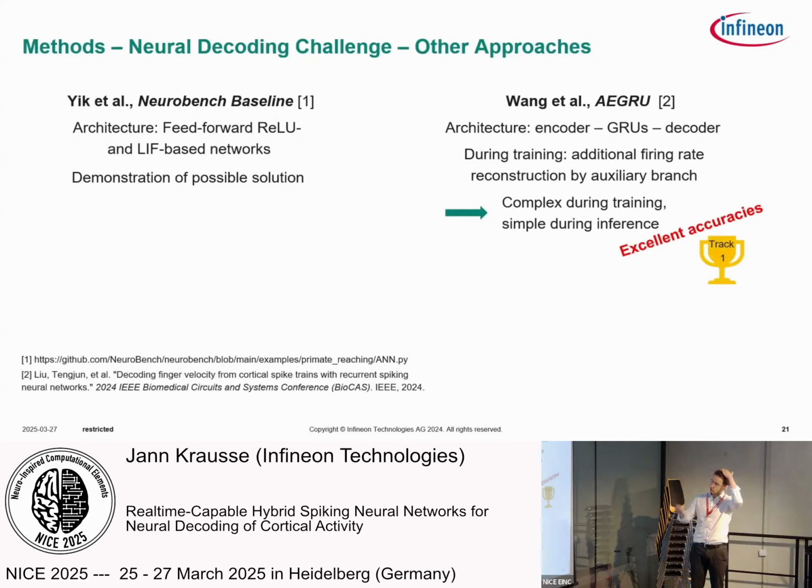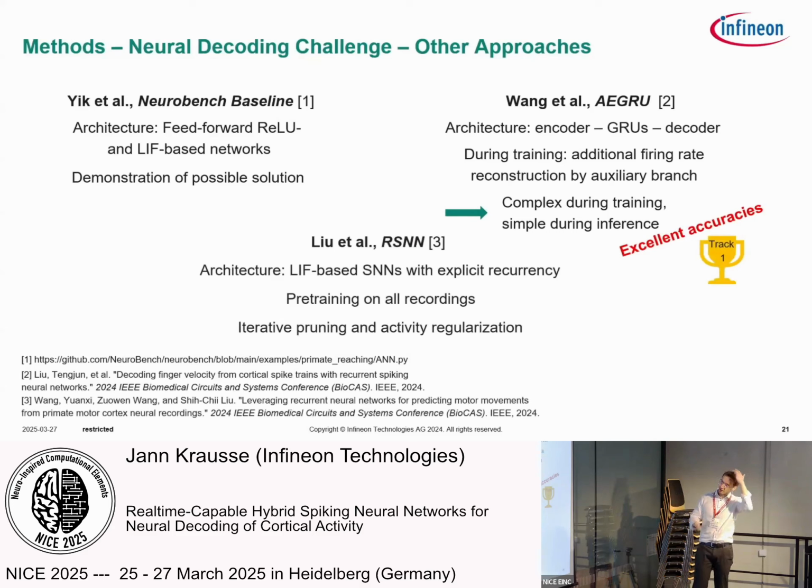Another approach that I want to show you is the one by Liu et al. from Zhejiang University and Zenke Lab. They proposed this RSNN. Again, Jason already talked about it. I would still want to give a quick shout out to them. They have, let's say, a simple LIF-based SNN with explicit recurrency. However, that worked really well.